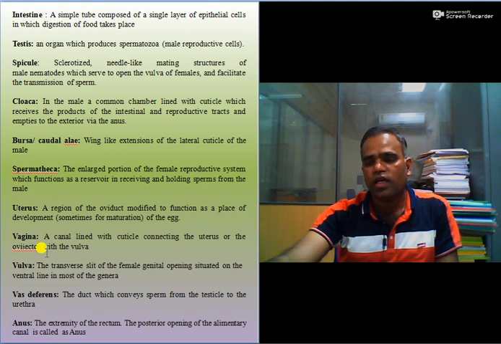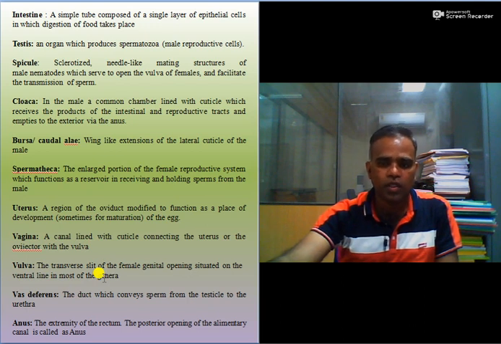Then the vagina, a canal lined with cuticle connecting the uterus or the ovejector with the vulva. Then the vulva, the external opening of the vagina, which is useful for giving birth to the juvenile or for insertion of the spicule while copulating.